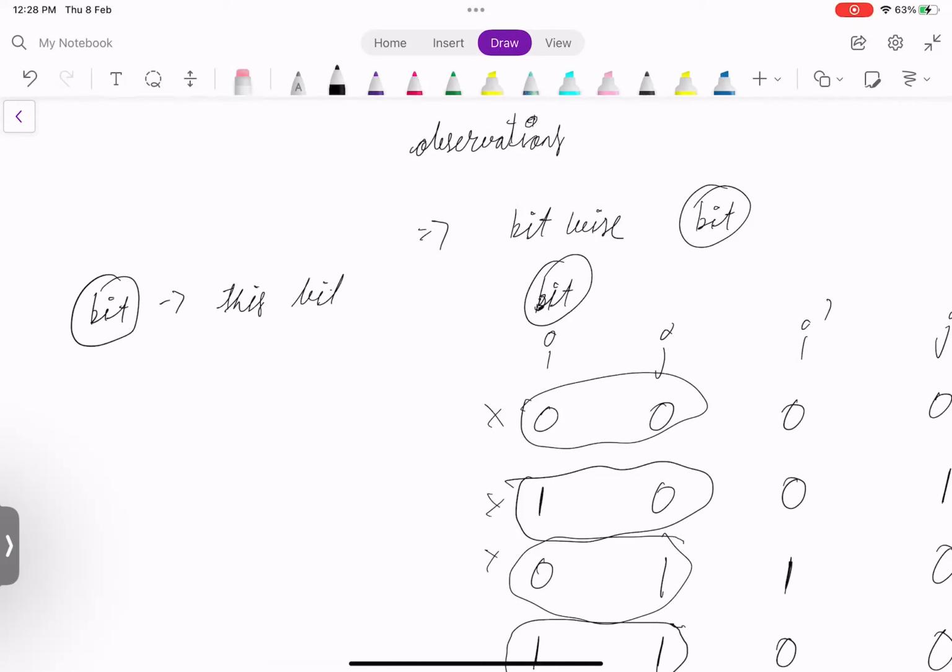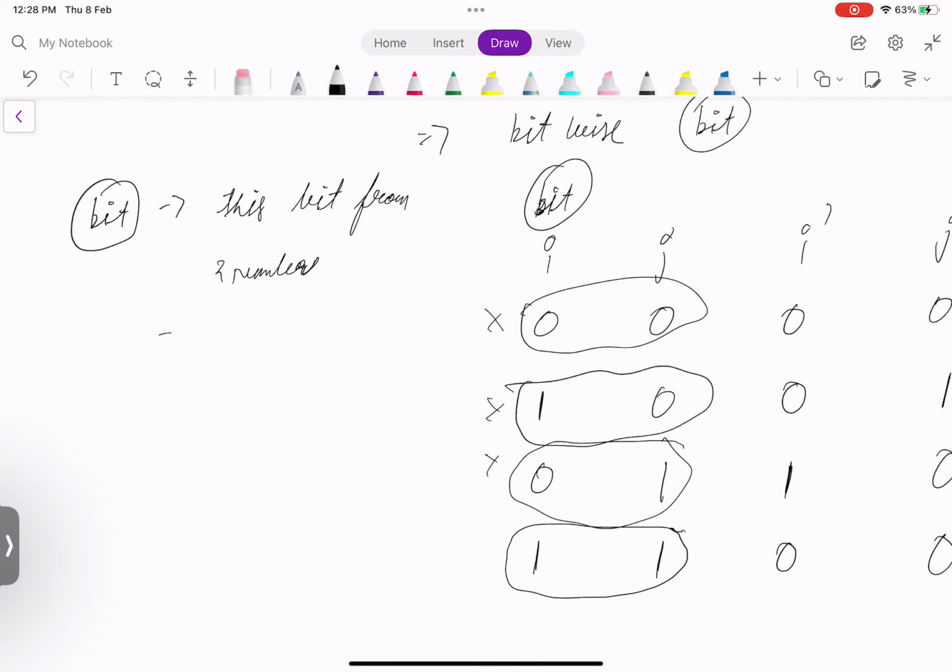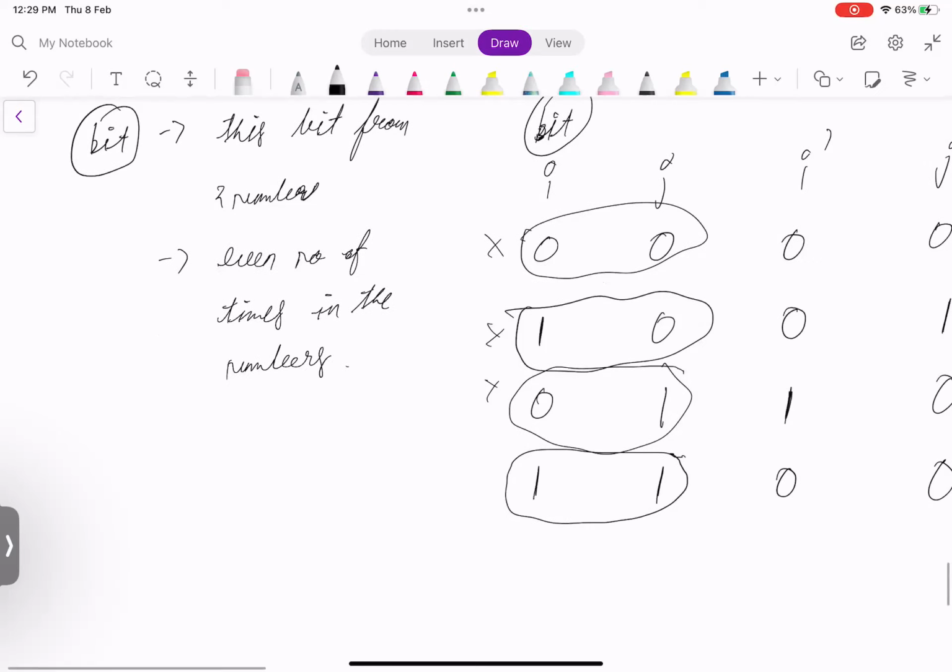So we can observe that this bit should be present an even number of times in the numbers, right? If we consider each number in binary form, right? Similarly, it holds for each and every bit.